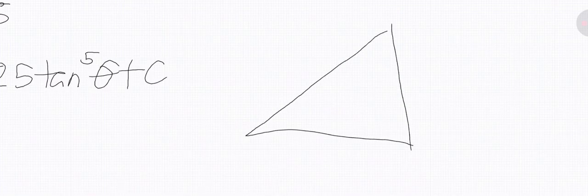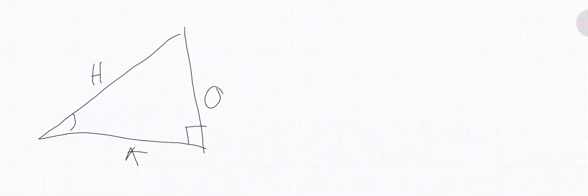So let us draw the right triangle. Here is the hypotenuse, adjacent, and opposite. So x over 5 equals secant, and secant is hypotenuse over adjacent.